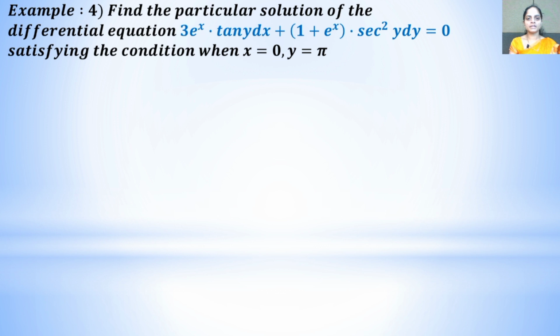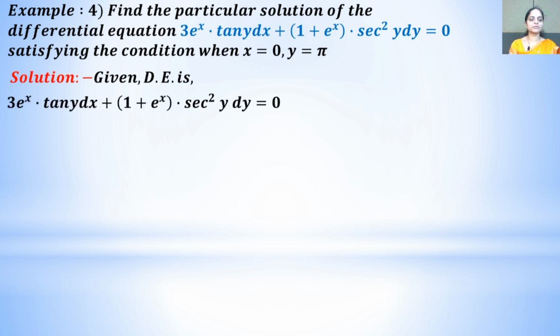Let's start the solution. First, we write here given differential equation, and the given differential equation is 3 into e raised to x into tan y dx plus 1 plus e raised to x into sec square y dy is equal to 0.